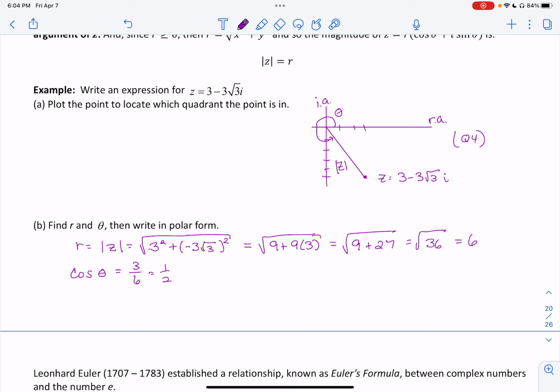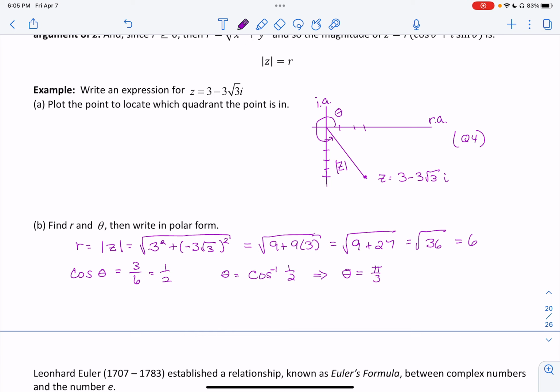That means that theta is equal to inverse cosine of 1/2. And so I have a theta, if I look on my range for inverse cosine of 0 to pi, equal to pi over 3.